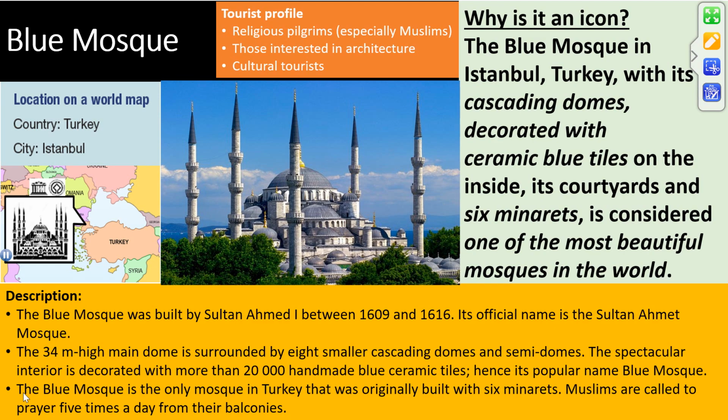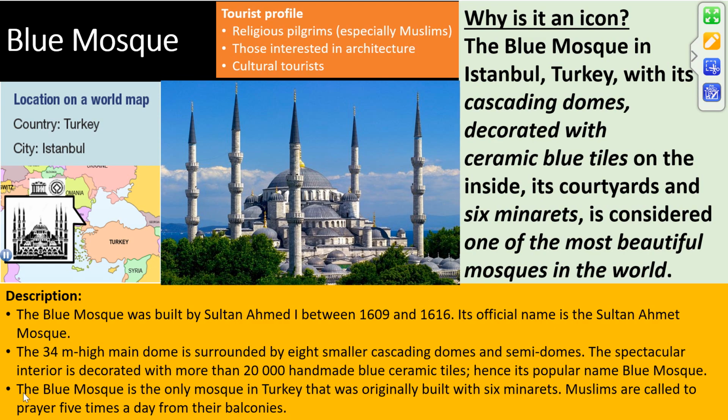the world. This Blue Mosque was built by Sultan Ahmed I between 1609 and 1616. Its official name is the Sultan Ahmed Mosque, but you have to use the term Blue Mosque as indicated in your CAPS syllabus.